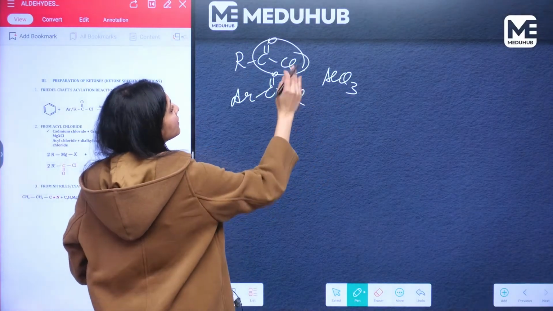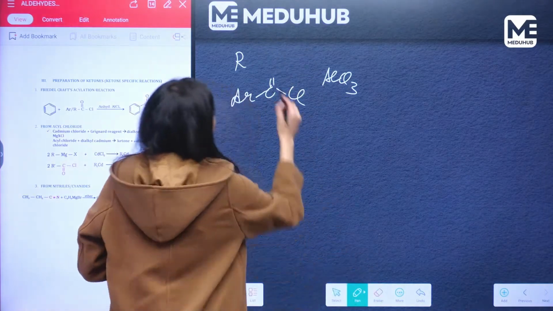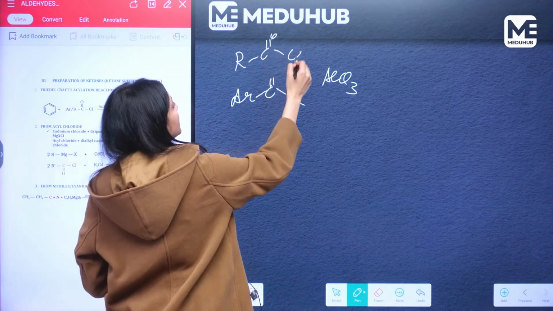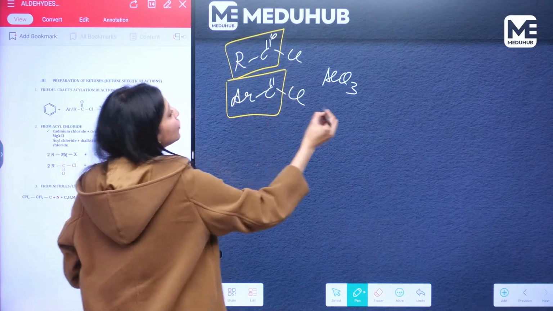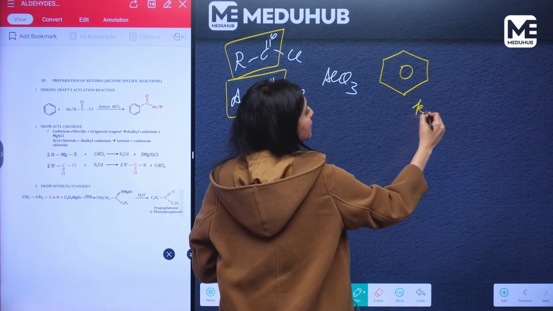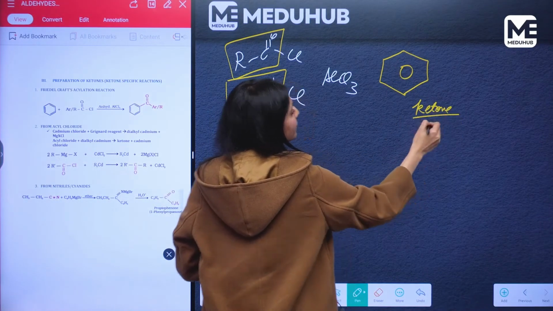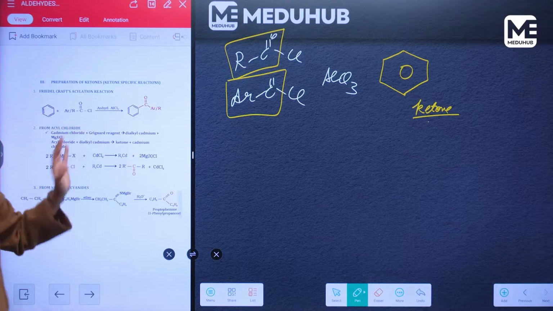This part, COCl, this part gets added on to the benzene ring to give us a ketone. Right? That's Friedel-Crafts acylation. The second method is from acyl chloride and cadmium chloride.